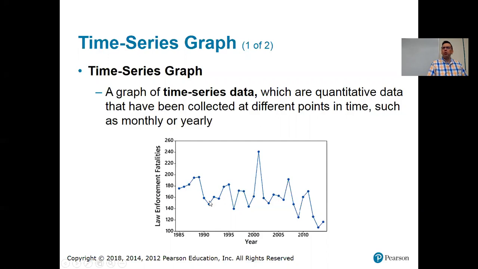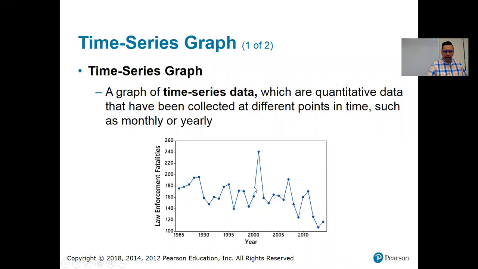The Dow Jones average is often plotted like this. Another one is presidential approval rating, changes over time. And then if you see any really high peaks or valleys, you can talk about why did that happen in that year. So for example, I'm going to throw a theory out there.